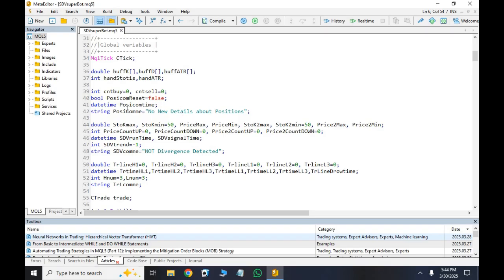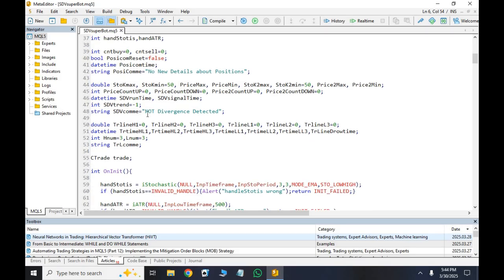And date and time for positions, position comment time, and string position comment: no new details about position. Initially it shows this comment for the position comment.